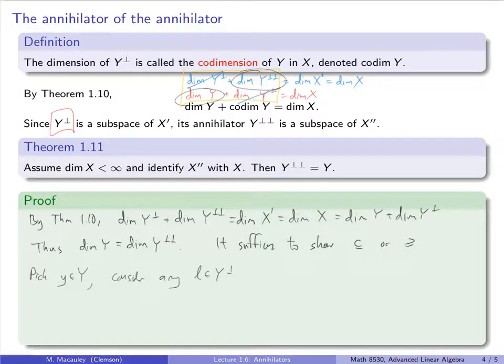So what I claim is that for anything in Y, this is going to determine an evaluation map.